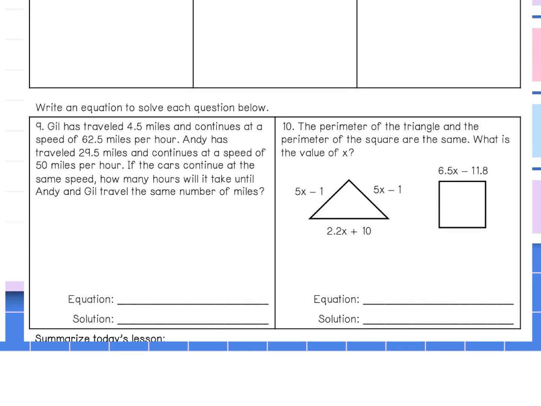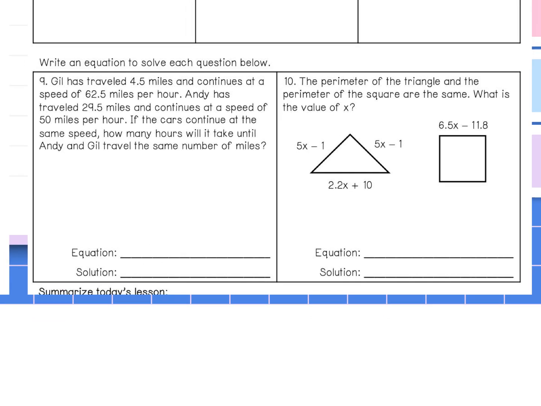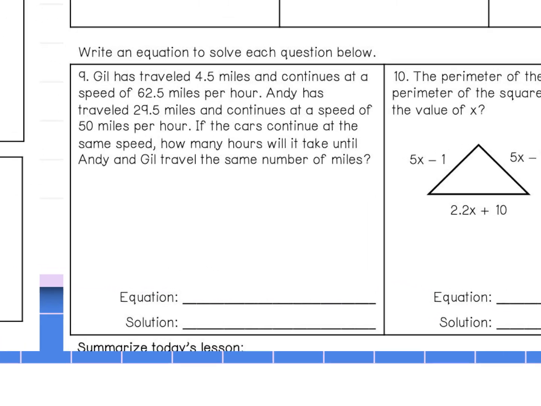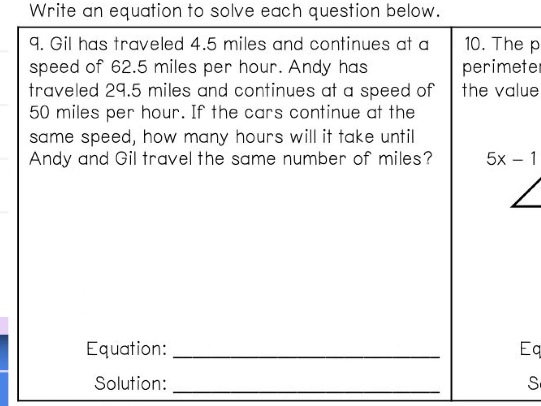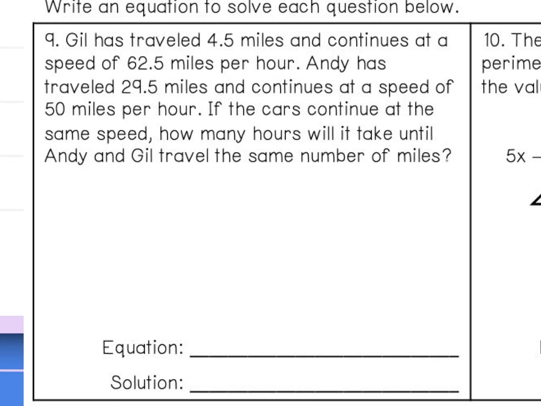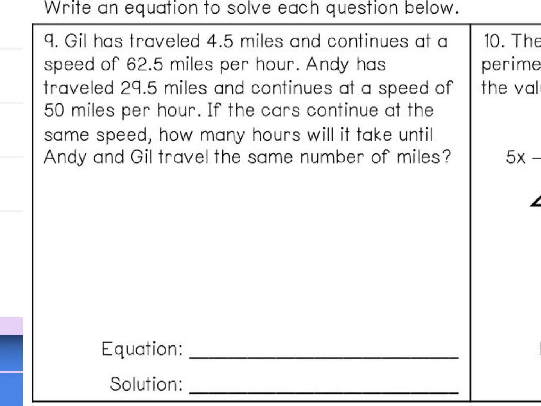A couple of word problems, and then we will move on from there, okay? We did a perimeter problem yesterday, so what I want to focus on right now is just setting up the equation, because I think you guys are pretty good at solving it, okay? So if Gil traveled 4.5 miles and continues at a speed of 62.5 miles per hour, look at your keywords.